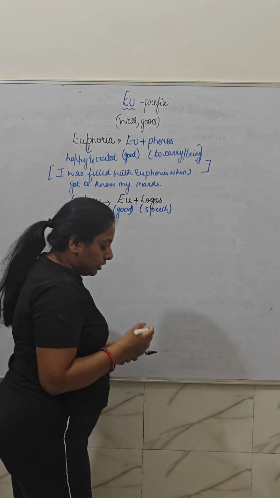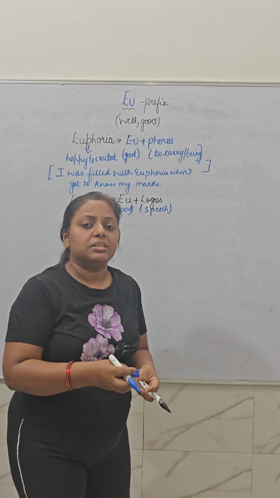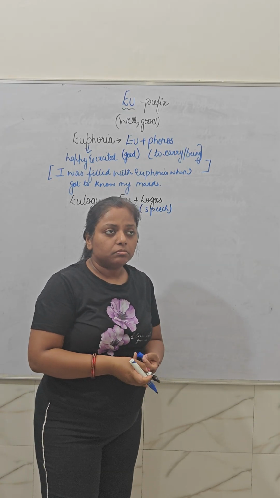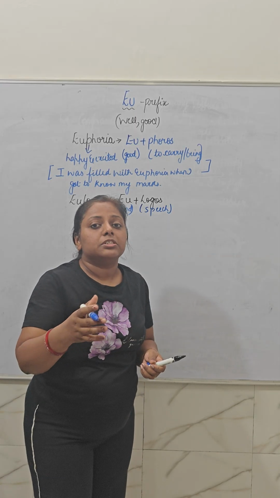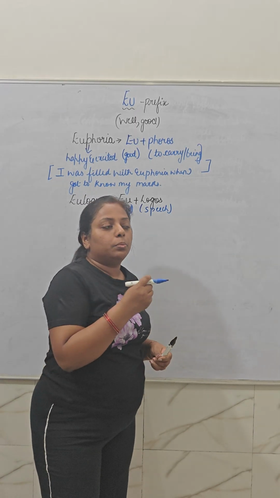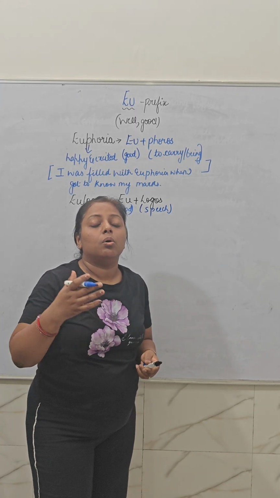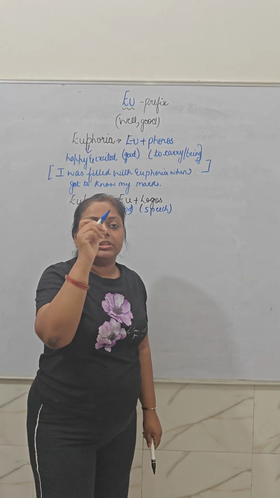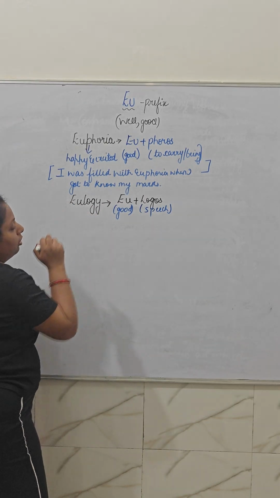Generally people say eulogy when a person passes away. The words said in praise of the person who is dead, when people are talking about how good a person was, those words are called eulogy.